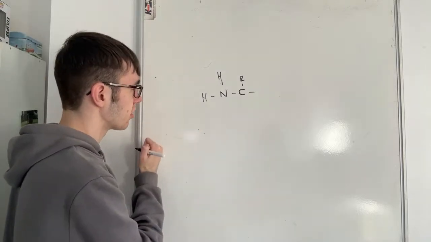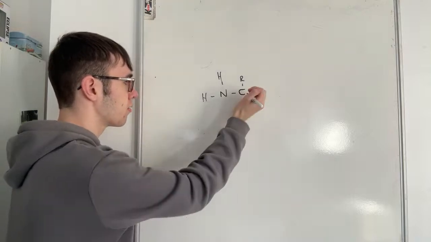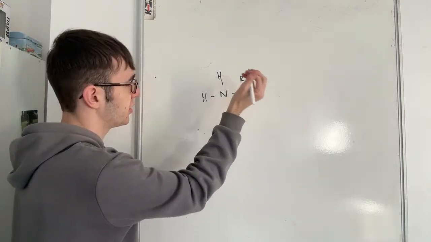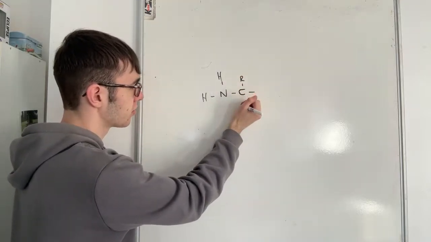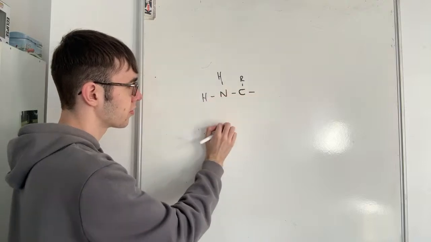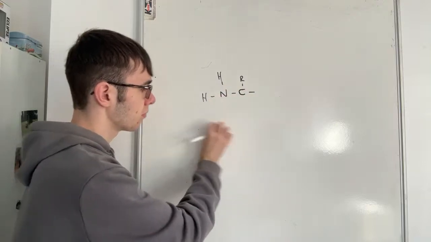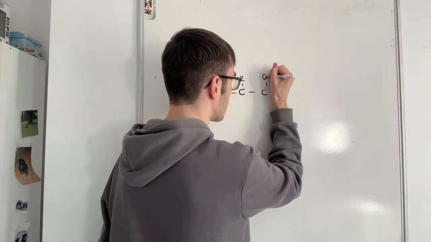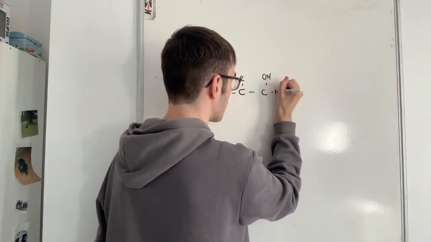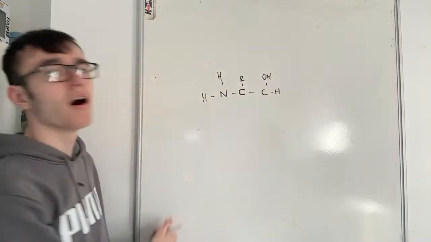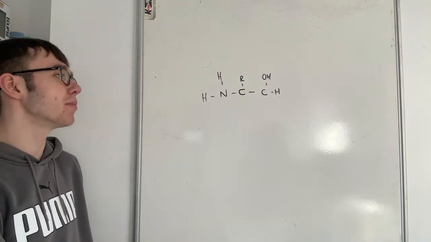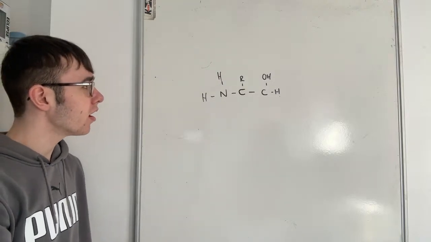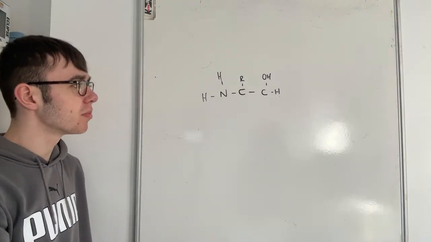Nitrogen's a group 6 element. One bond? There's going to need to be a double bond here, surely. 1, 2, 3. Oh no, I don't remember. I don't remember the structure of an amino acid. I know there's a double bond somewhere.